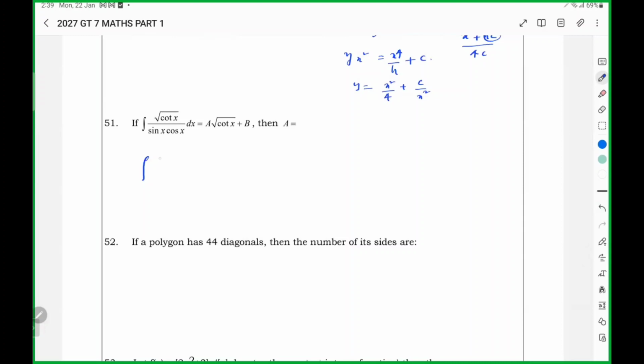Here cot x by sin x, I'll write sin square x cos x by sin x, which is root cot x by, so this 1 by sin square x dx.